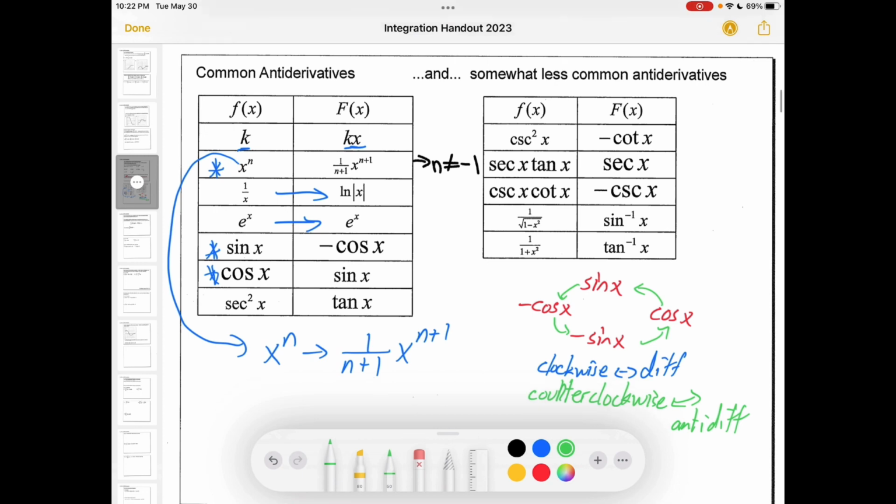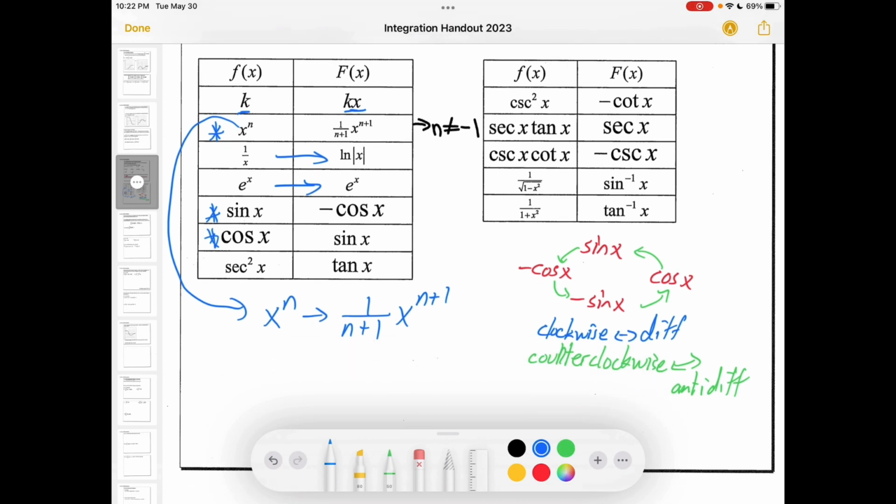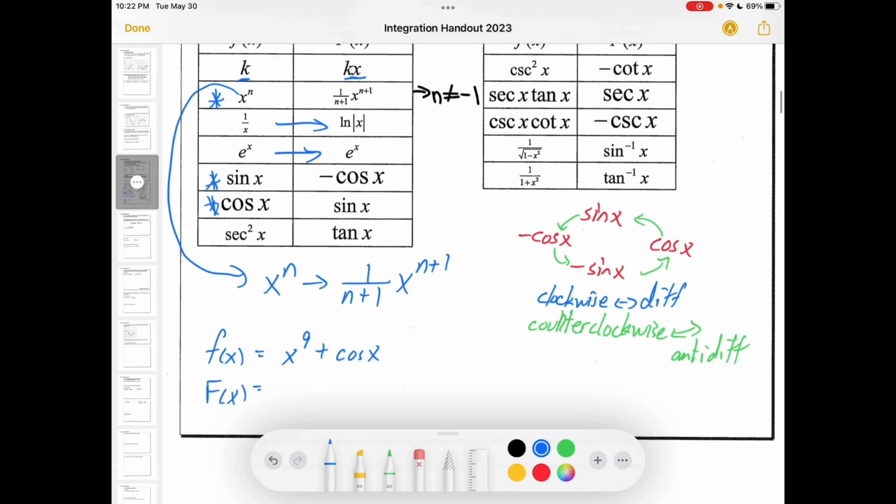So let's just set up one last one here to try before we get into today's big concept. So if I had something like f of x is x to the 9 plus the cosine of x, I know that the antiderivative is going to be power goes up by 1, flip of the new power goes in front.